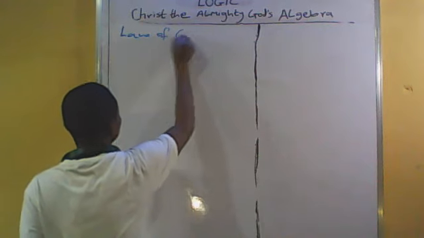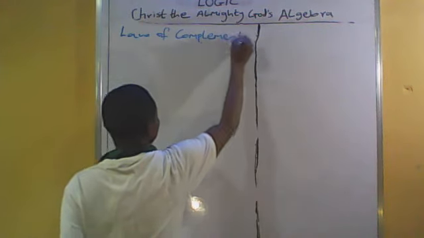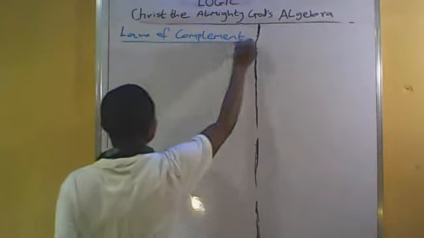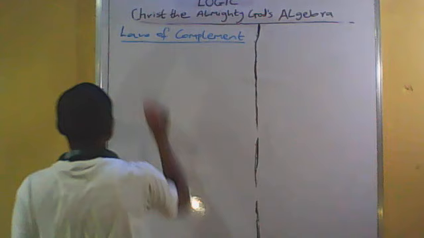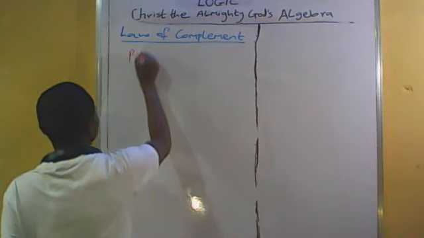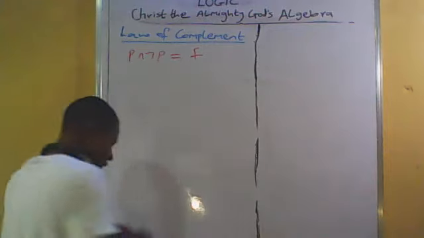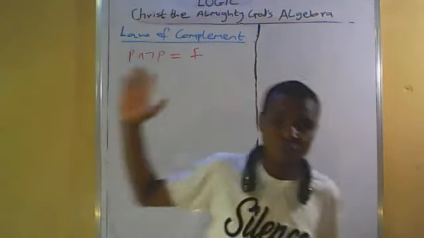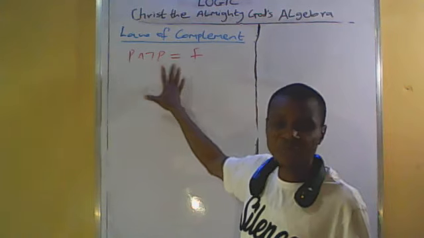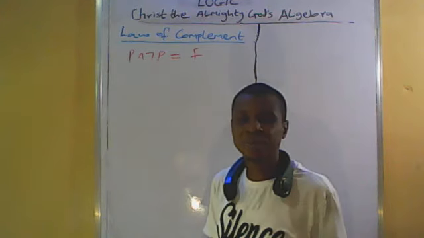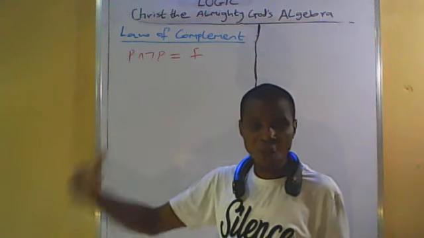Law of complement. P and not P is equal to F. This is a typical example of the law of complement by conjunctive statement. Why do we call it law of complement by conjunctive statement?